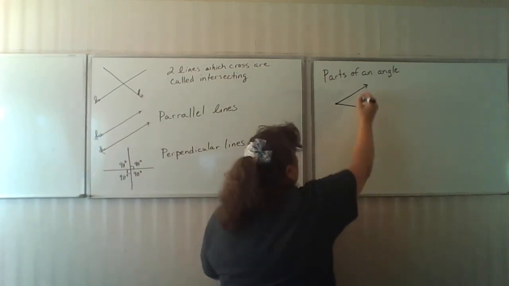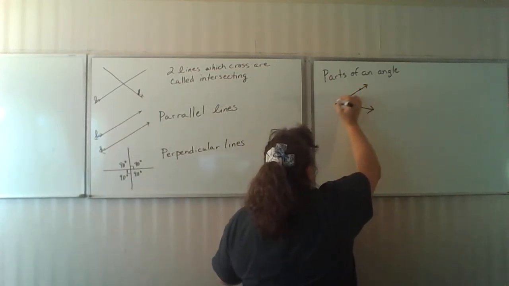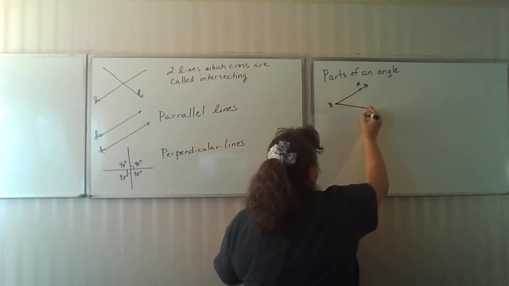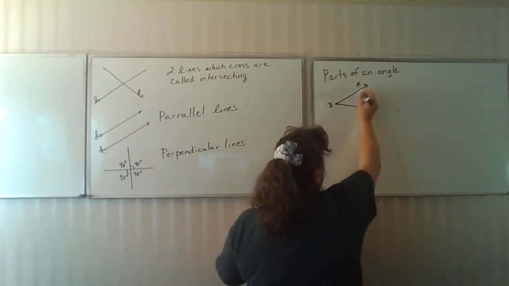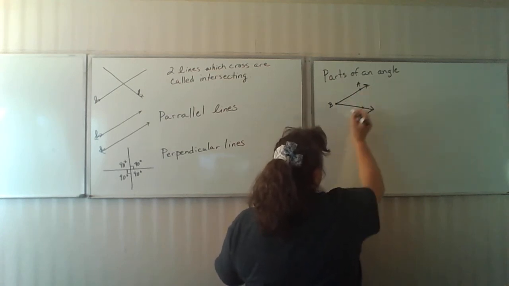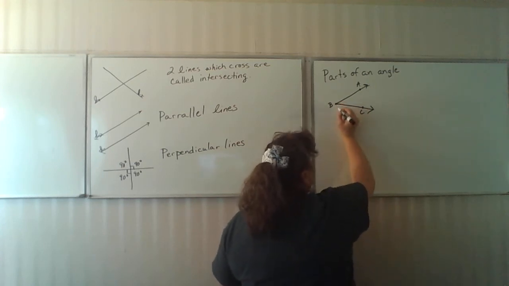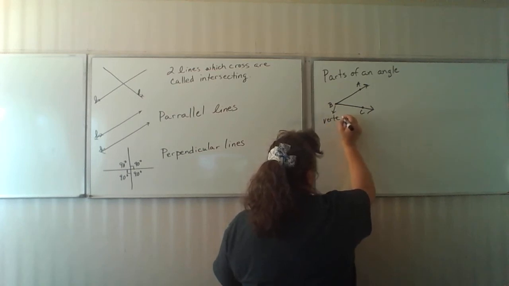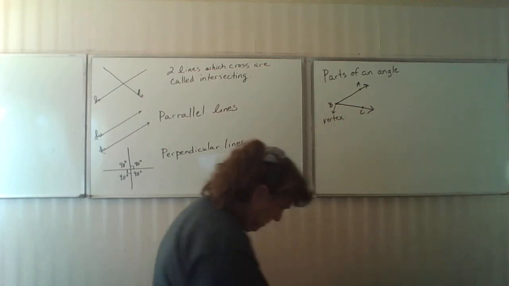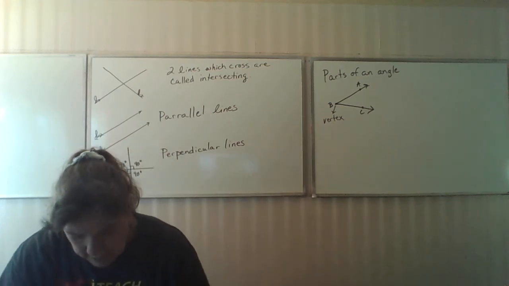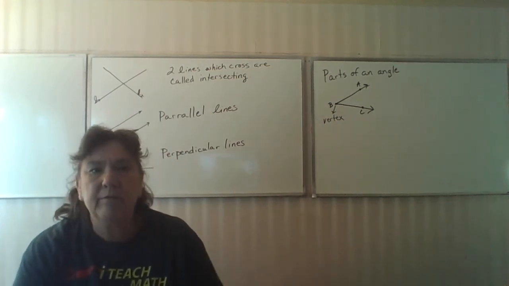So, A, B, and C. This angle is made up of ray AB or BA and ray BC. And the point that they have in common is called the vertex. And it is a common vertex.